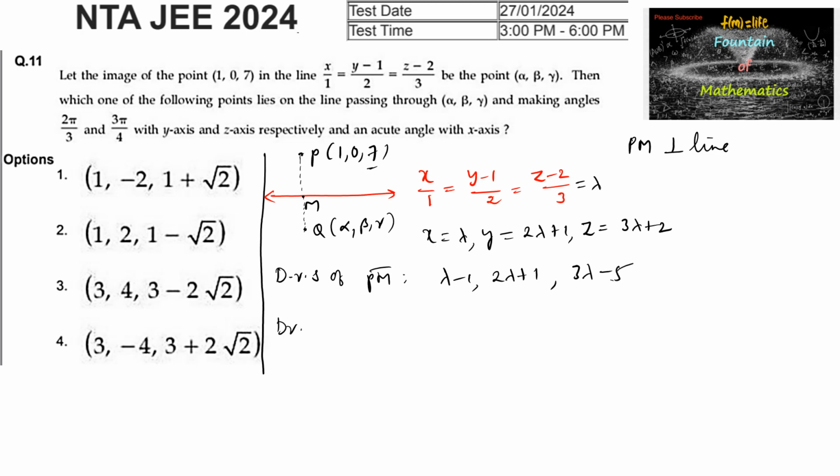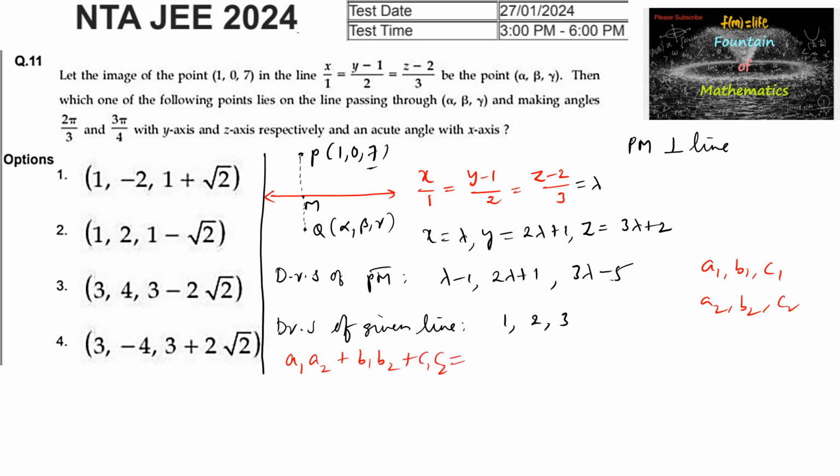And the direction ratios of the given line can be taken as 1, 2, 3. And we know that if a1, b1, c1 and a2, b2, c2 are the direction ratios of two given lines which are perpendicular, then we have the condition a1 a2 plus b1 b2 plus c1 c2 is equal to 0.